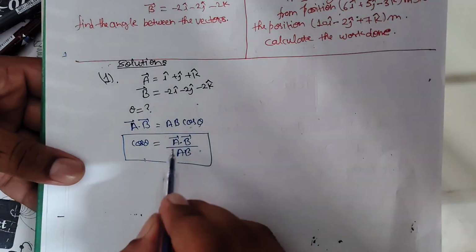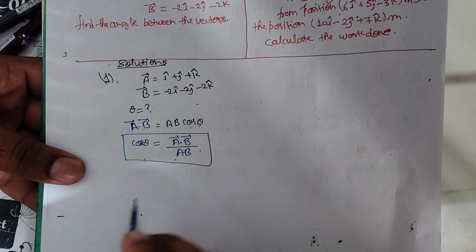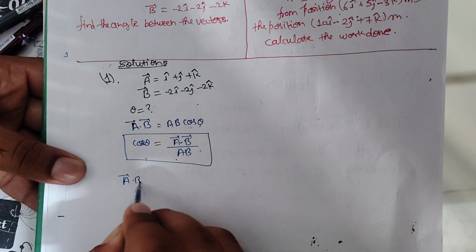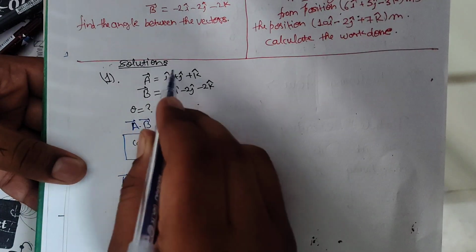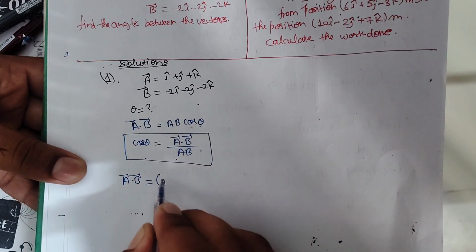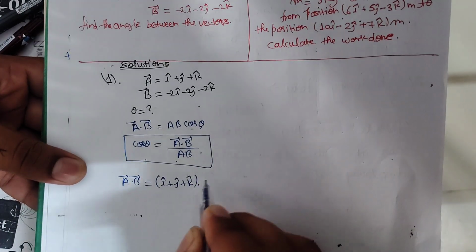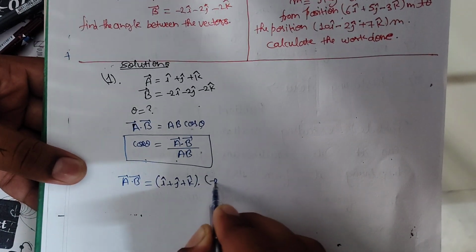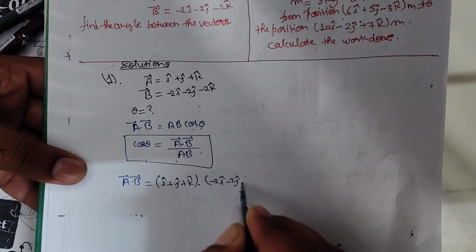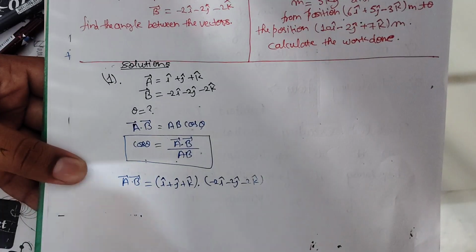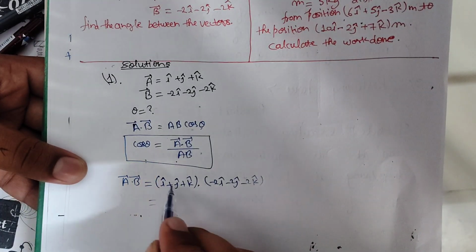First of all, we have to find the value of a dot b. Firstly, you write down the value of vector a, that is i cap, j cap, k cap, dot the value of vector b, that is minus 2 i cap, minus 2 j cap, minus 2 k cap, and multiply it.